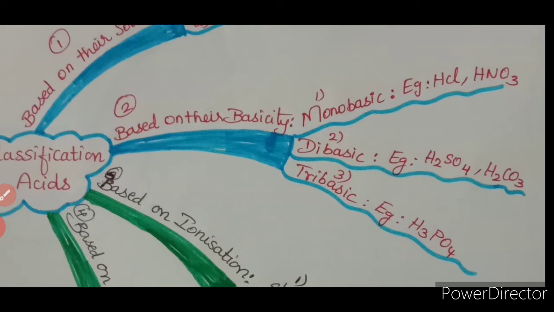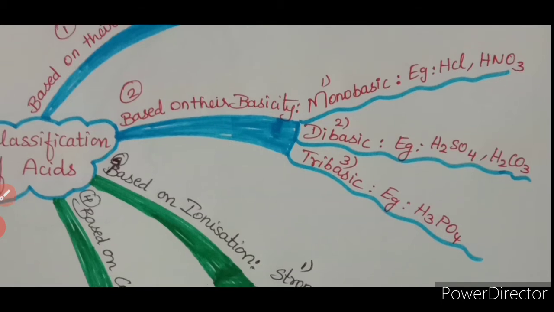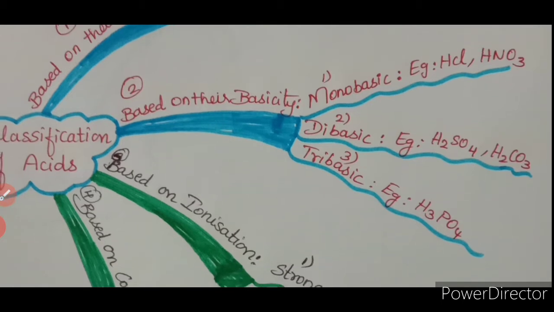Here you can see the subscript 2 near H. That indicates two hydrogen atoms in H2SO4 as well as in H2CO3. Then tribasic. Tri means three hydrogen atoms are replaced during the chemical reaction. Such acids are called tribasic. An example is H3PO4, phosphoric acid.